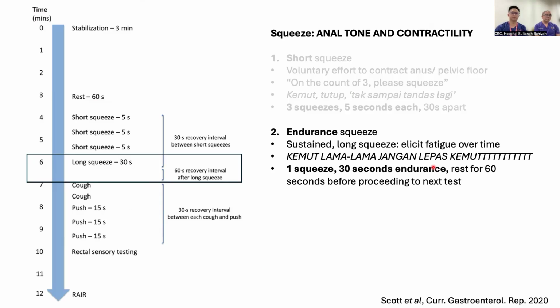Chronic constipation itself is actually a syndrome. It consists of a number of symptoms. It's not a disease. If your patient has certain symptoms that suggest a defecatory disorder, for example, the patient may tell you, I strain, but my poop cannot come out.